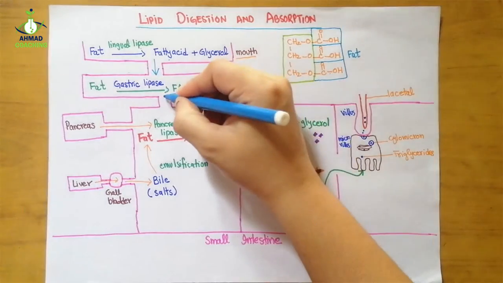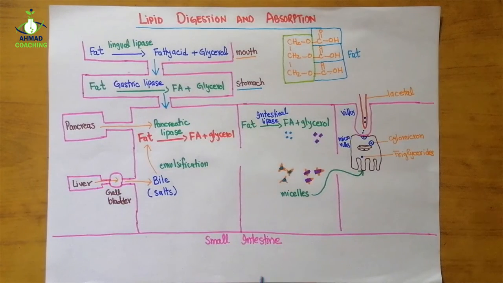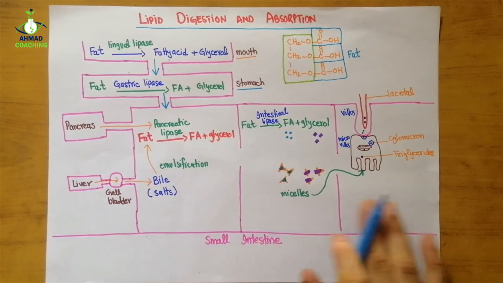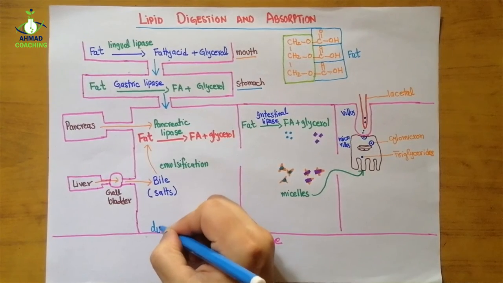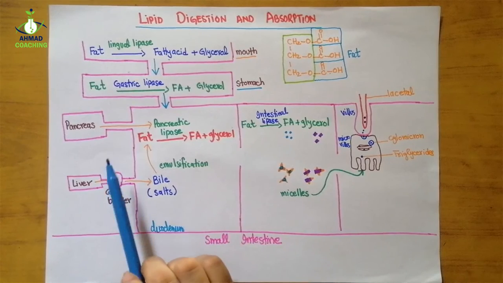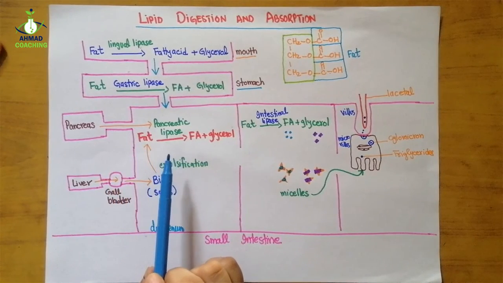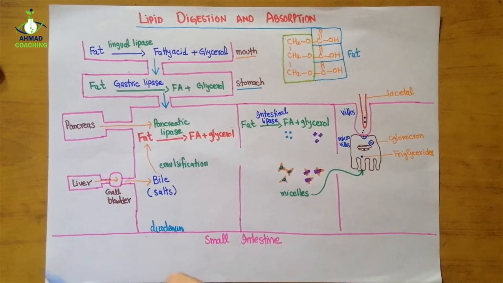So from the stomach, the food will enter into the small intestine. In the small intestine, we have duodenum, jejunum and ileum. These are the 3 parts of the small intestine. In the duodenum, there come some secretions from the pancreas as well as from the liver that help in the digestion of lipid.